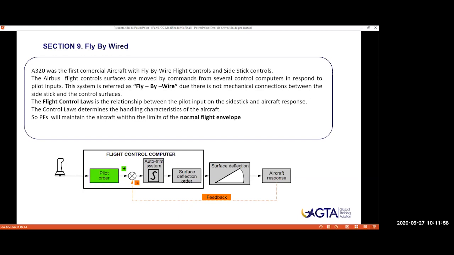So at the end, the pilot has to fly inside one envelope in a normal flight. It's an envelope that we cannot move out of, so we maintain certain limits on our flight.